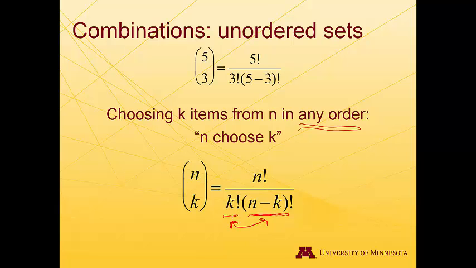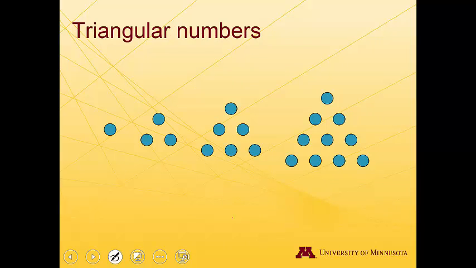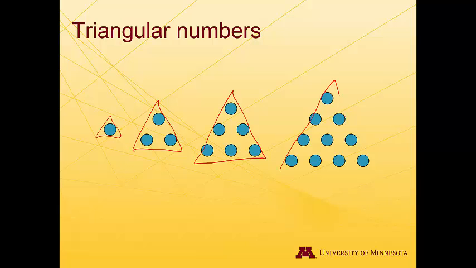Last, triangular numbers. Triangular numbers are called triangular numbers because they are arrangements of dots in a triangle. Alright, let me show you what this means in a more mathematical notation.